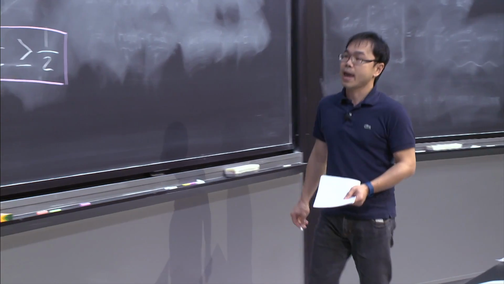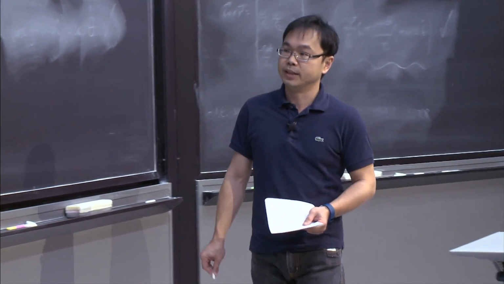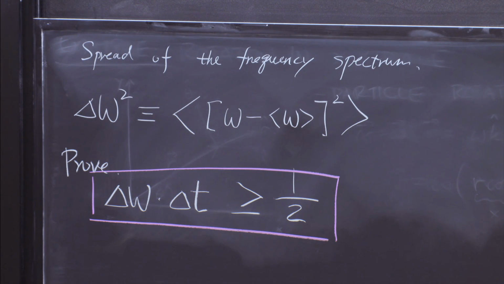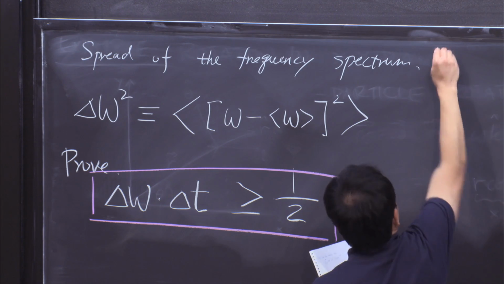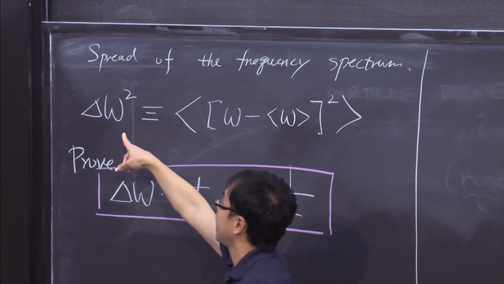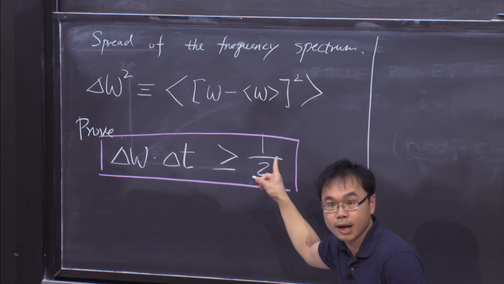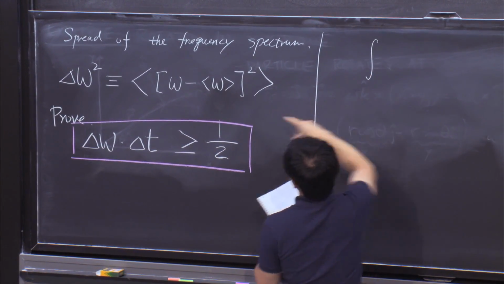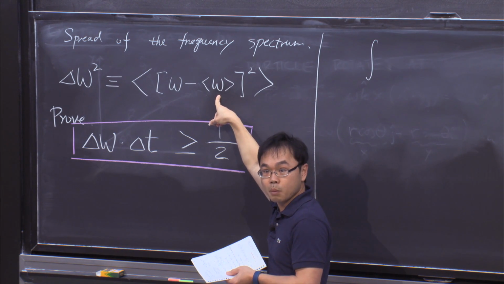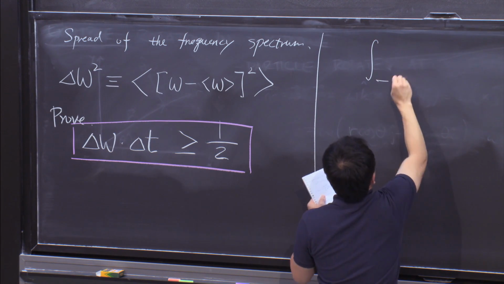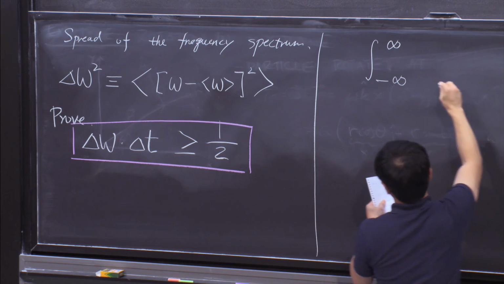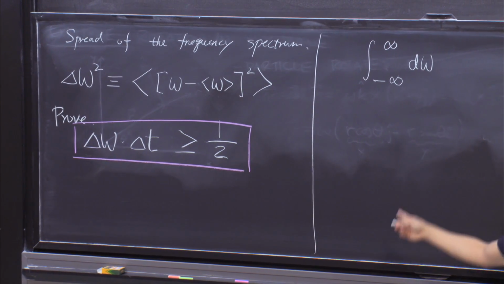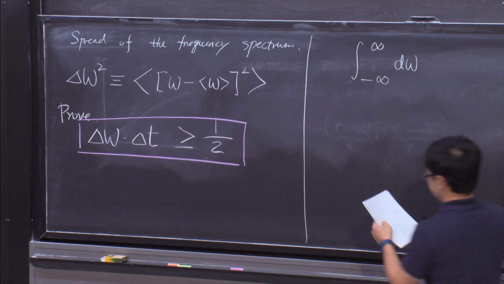Before we go ahead and prove this relation, delta omega times delta t greater than or equal to 1 over 2, we also realize that when we discuss the spread of the frequency spectra, if I write it down here, and try to calculate the average of omega, then what I'm going to do is an integration from minus infinity to infinity d omega, because now I'm trying to calculate the mean value of omega.